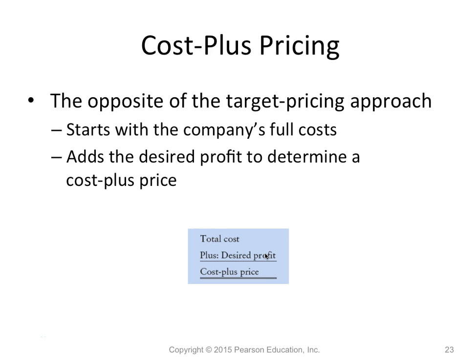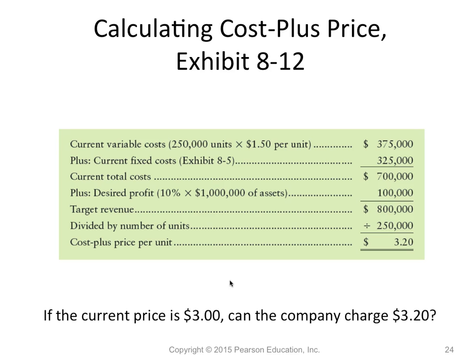Cost plus pricing. The opposite of the target pricing approach is to start with the company's full cost and desired profit to determine a cost plus price. So we take the total cost plus the desired profit, and then you get a cost plus price.